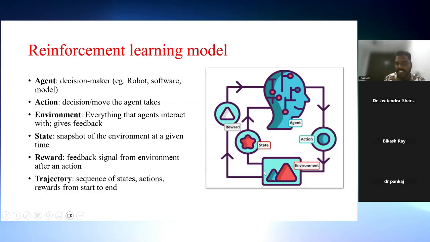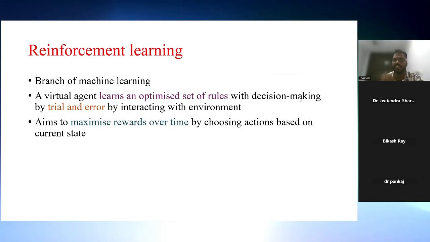With the state and the reward, it again analyzes the model and changes its decision next time for a better reward. This keeps on happening continuously with trial and error. It learns an algorithm or a rule that forms a model, which we can use for proceeding with the next group.